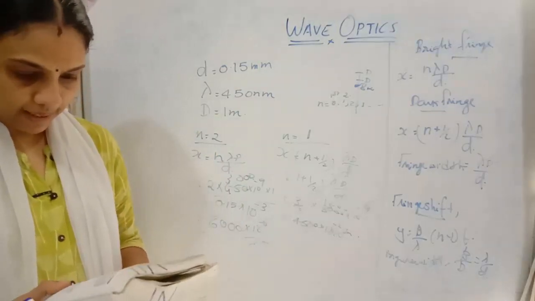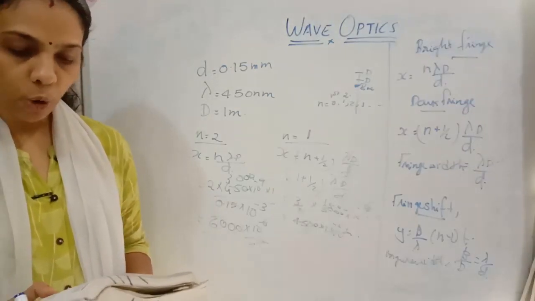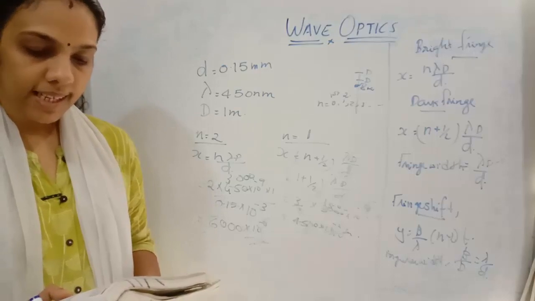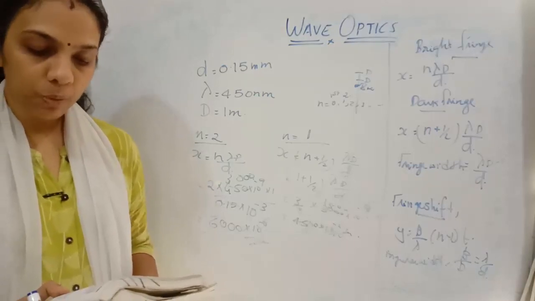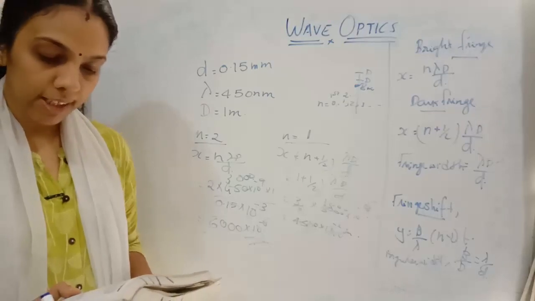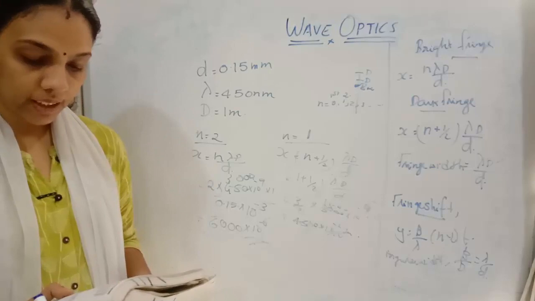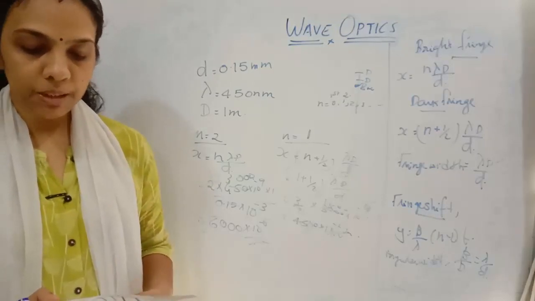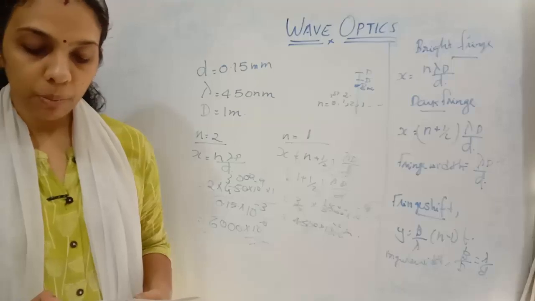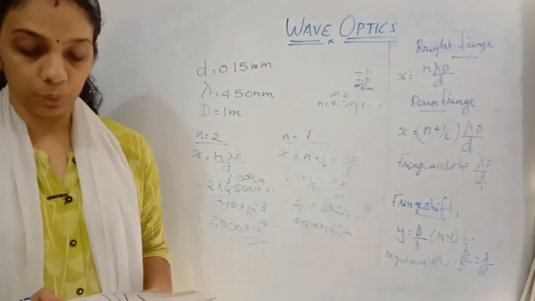So the next question. In Young's double slit experiment with monochromatic light, the fringes are obtained on a screen placed at some distance capital D from the slits. If the screen is moved 5 into 10 to the power minus 2 meter towards the slit, the change in fringe width is 3 into 10 to the power minus 5 meter. If the distance between the slits is 10 to the power minus 3 meter, calculate the wavelength of light used.